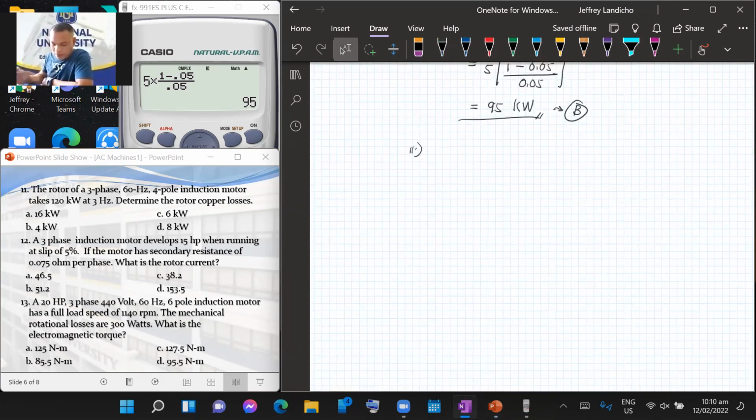So for problem 11, the rotor of a 3-phase 60 Hz 4-pole induction motor takes, no? Rotor takes. So ibig sabihin, it should be the rotor power input. No? The rotor of this induction motor takes. So the power absorbed by the rotor, so that is RPI. No? That is 120 kilowatts.